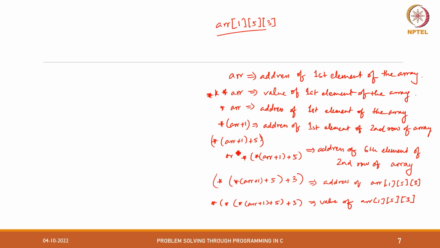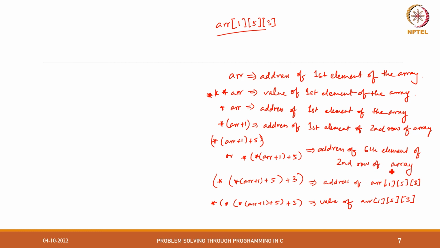Now what next? We need to go to the fifth index in the second dimension. So we do a plus 5, and with or without the second star, it will still point to the address of the sixth element of the second row of the array. So index 5 means the sixth element.